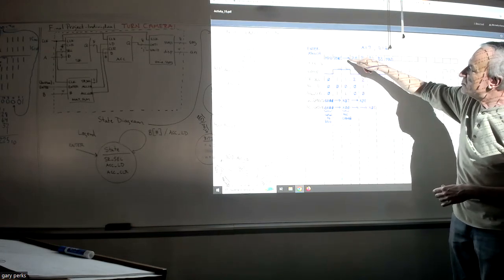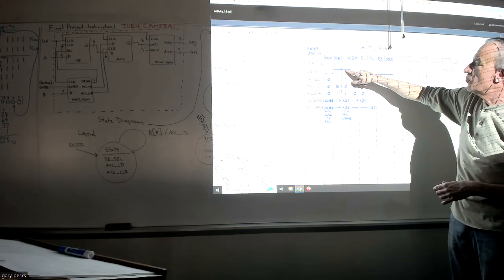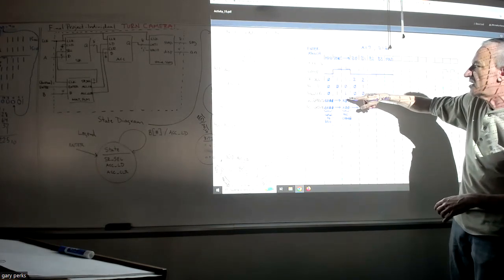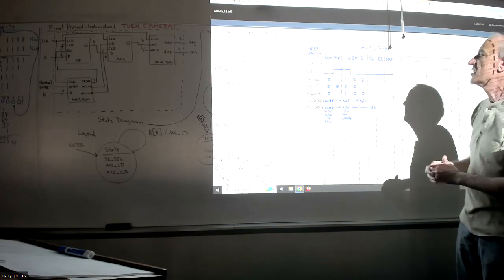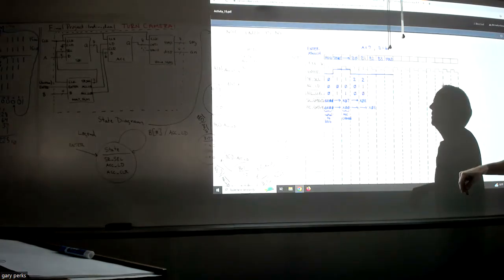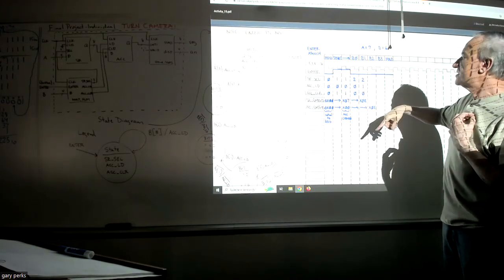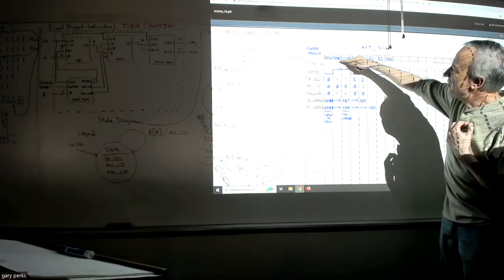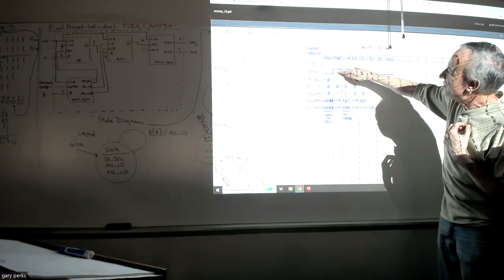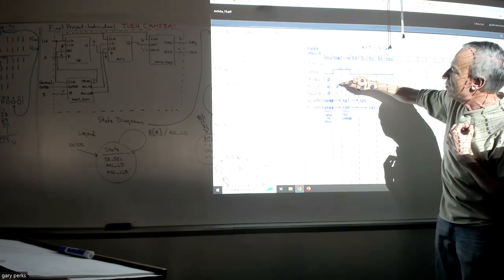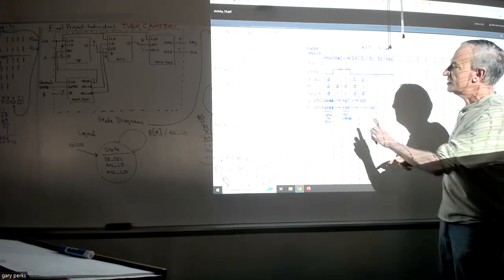Now, because I kept enter a 1 for 2 clock cycles, it would just carry over to the second clock cycle, the same 1, 0, 1. Well, actually, before we get to that, this is where the synchronous part comes in. If we look at this first clock cycle, enter is a 1 and SR select becomes a 1, accumulator load becomes a 0, and accumulator clear becomes a 1.